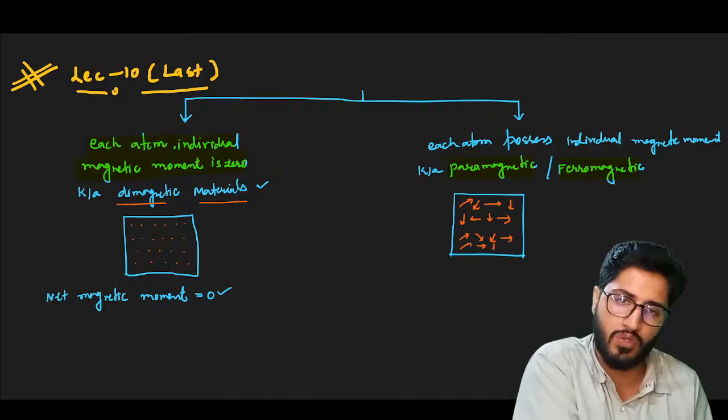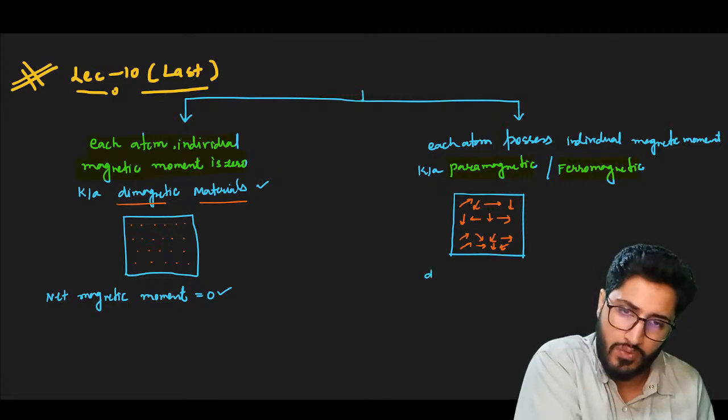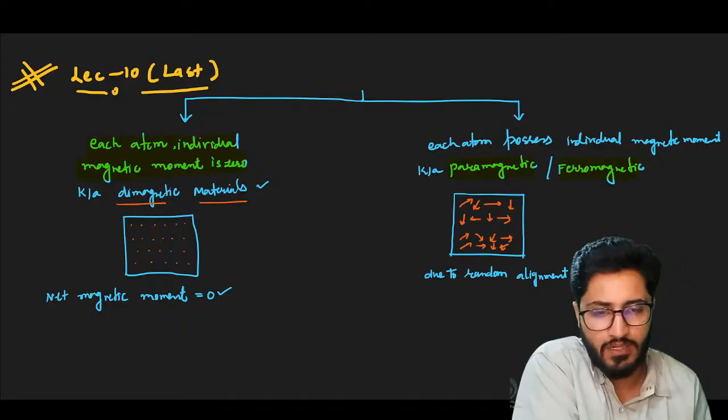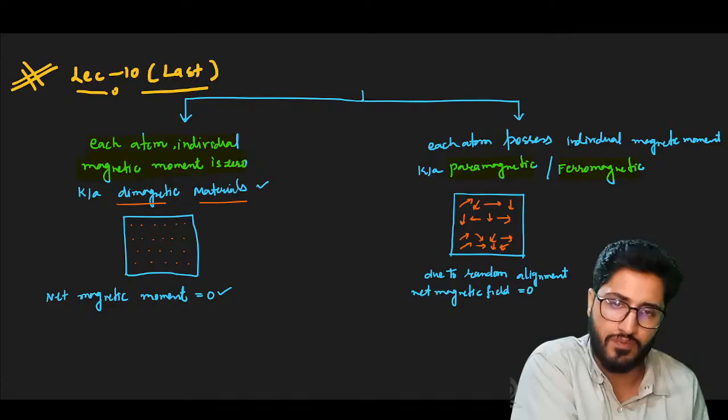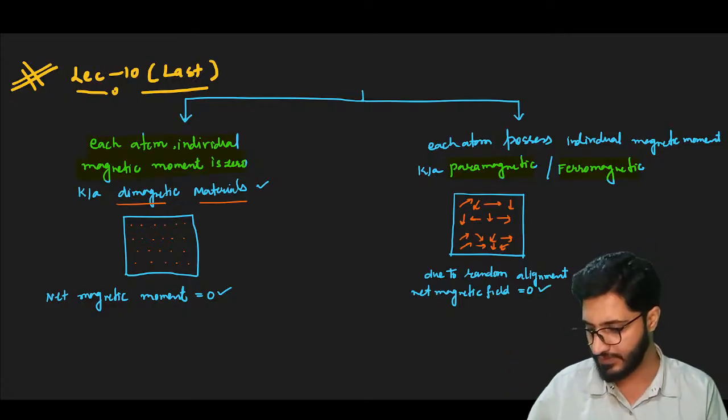So what will you write? Due to random alignment, the net magnetic field equals 0.